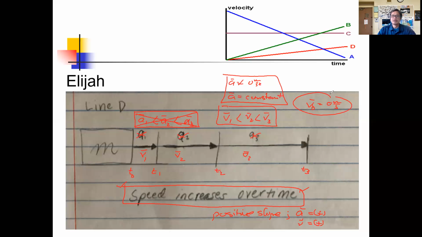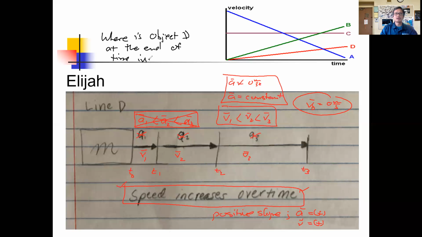the question I'd like to ask you is, where do we find D at the end of this interval? So real quick, on your paper, I would like you to answer this question using Elijah's graph: where is object D at the end of the time interval that we're looking at here? It's at the end of the time interval.